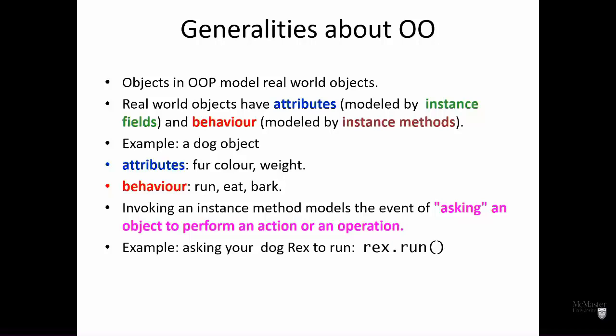You can still implement these things in C as well without OOP, right? But the main difference is that in C, because we don't have classes, you don't differentiate between attributes and actions, right? You don't differentiate between a dog's color and its method of running, its action of running, barking, doing something else, right? In OOP, these are completely separate things.